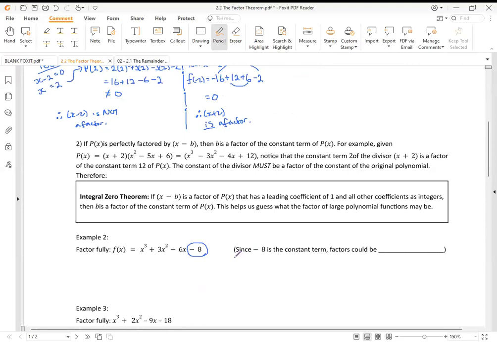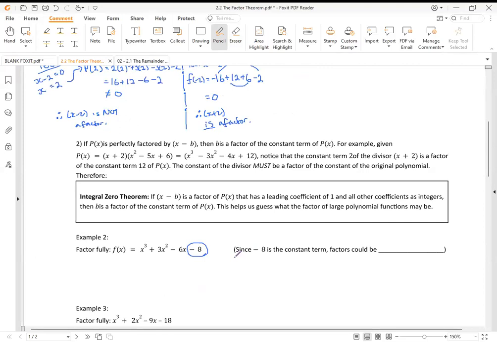Not the back page. If I have a factor, notice how there's no a value, just one x minus b. If this is a factor for a polynomial with a leading coefficient of 1, and all the other ones are equal, then I know that this b is also a factor of the constant term of p.